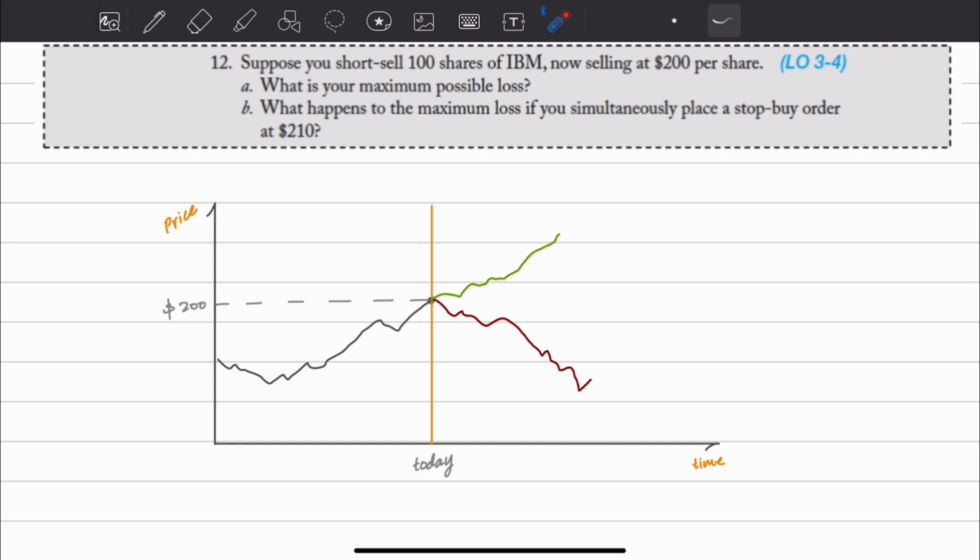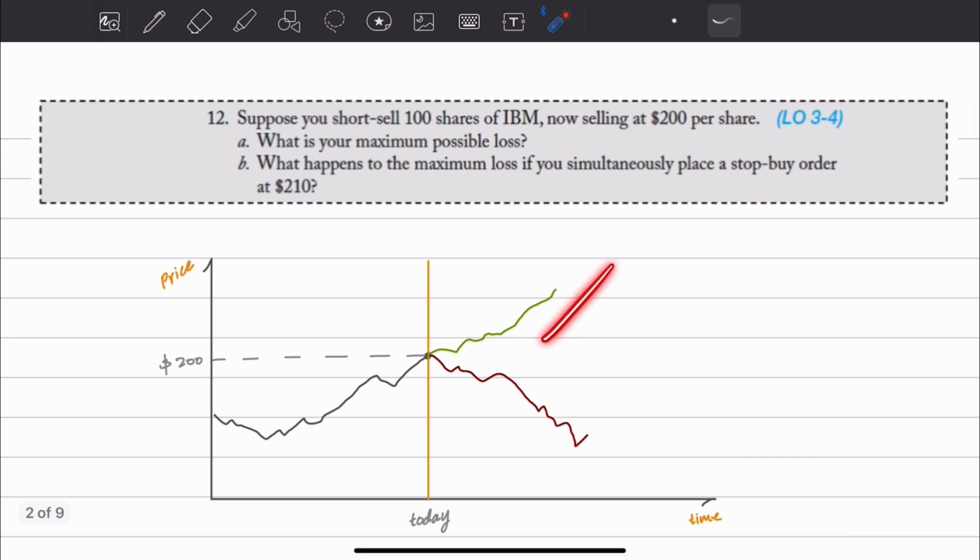Your profit, remember, for short position, this is your profit area. The more it goes down, the better, because the cheaper you're going to buy it again. Okay, so the profit is going to be limited by this in case you are short selling, but your loss is going to be unlimited. The stock could go up to whatever price, right?